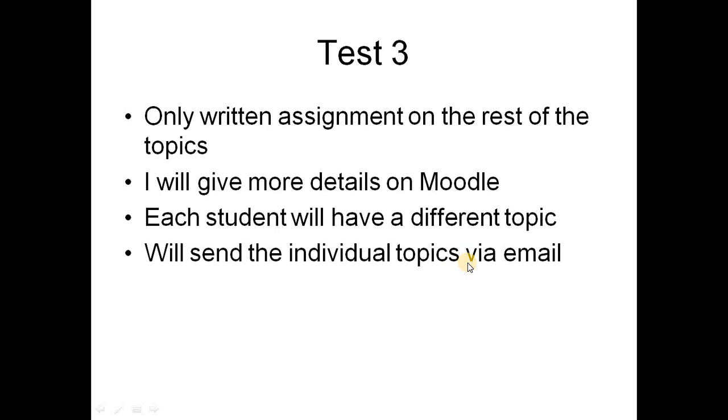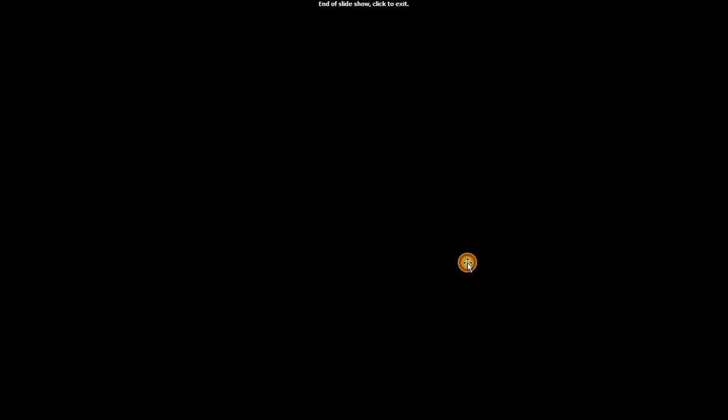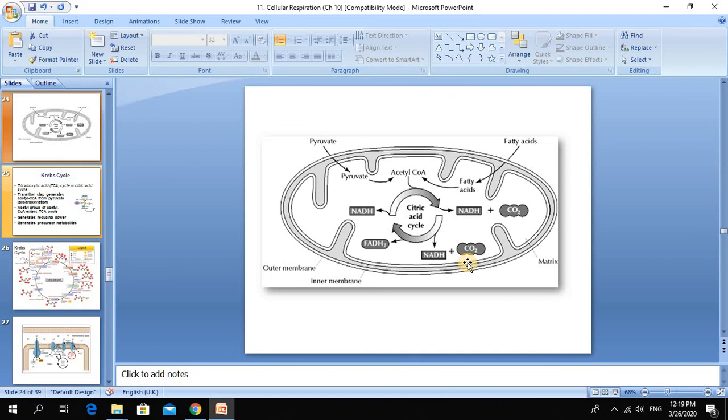So that is going to be your test 3. That's all the information I have so far. So there will be no more lecturing from me. All you have to do now is finish test 2, finish the written assignment, and then when I have more information, I will update you on the final examination.